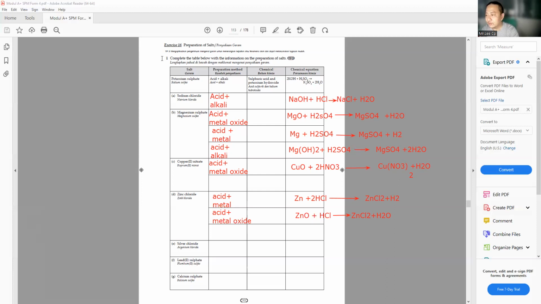I told you already, these three, you need to use the displacement method. Cannot use acid and alkali. Acid or alkali, acid oxide, acid metal oxide, acid metal cannot be double.